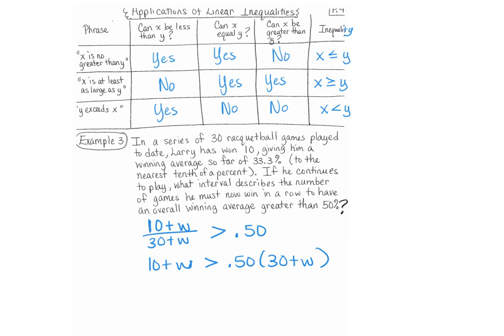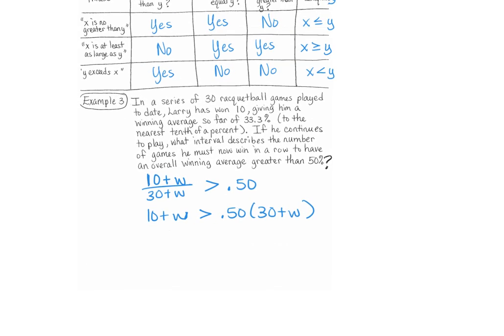Now we want to solve for W. That means 10 plus W is greater than 0.50 times 30 plus 0.50 times W. This means 10 plus W is greater than 15 plus 0.50 W.